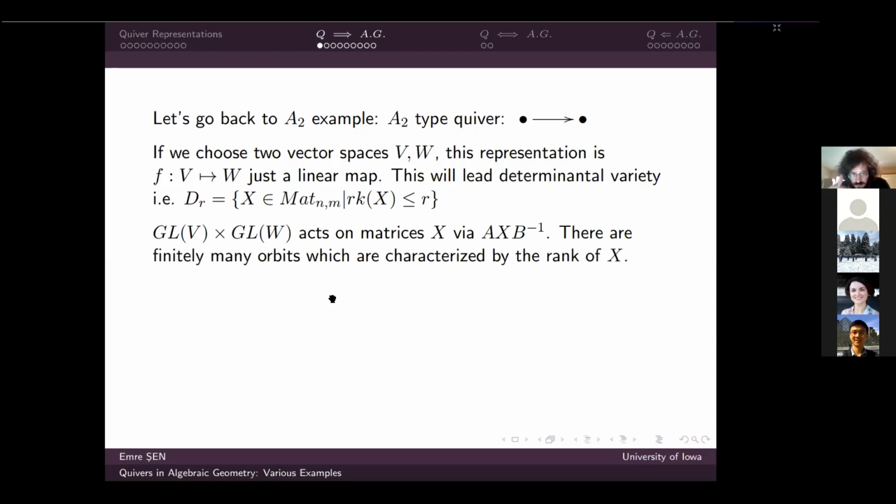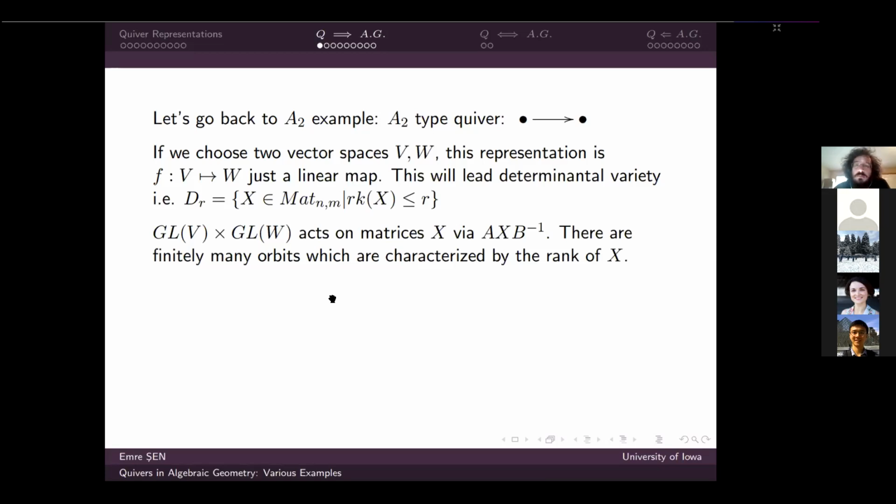And here, if we have this matrix X, right, GL(V) cross GL(W) acts on this via change of basis, right, A X B inverse. And of course, ranks are invariant functions. And for matrices, because of Gaussian elimination or left and right column operations, we know that there are only finitely many orbits, and those are just ranks. Here, one question arises: for which representations or for which reductive group actions are there finitely many orbits, and how is this related to quivers? That is one question.